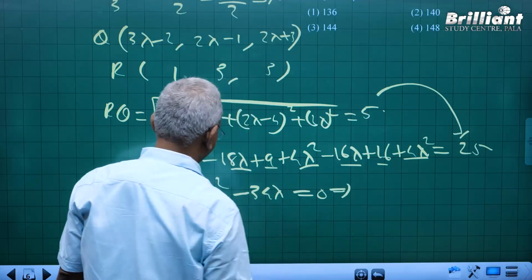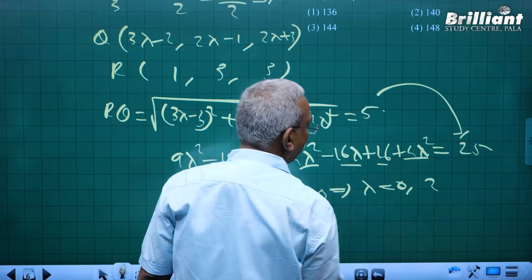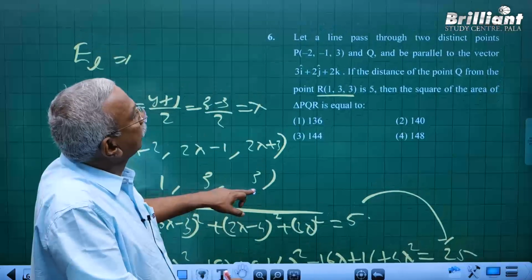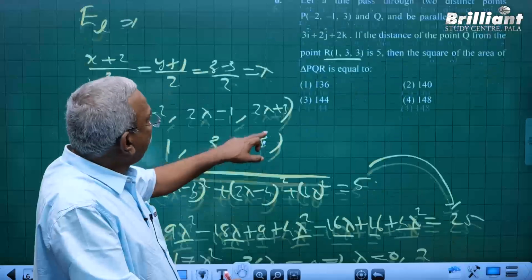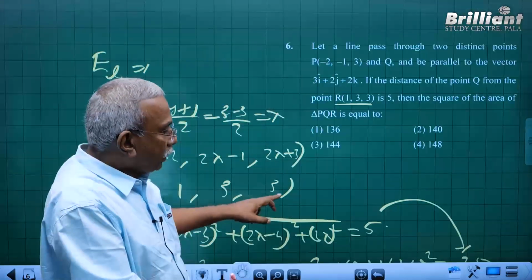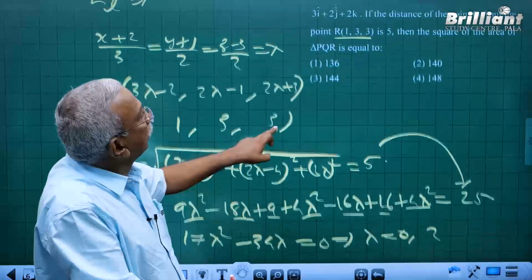This implies that lambda is equal to 0 or 2. Sorry, when you put lambda equal to 0, you get the same point P. They are two different points, which means we choose the other value of lambda.